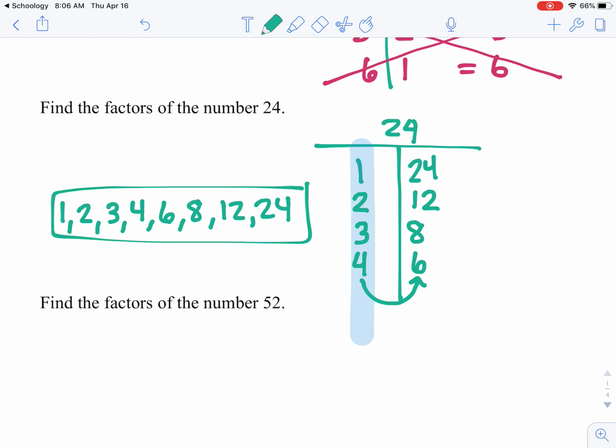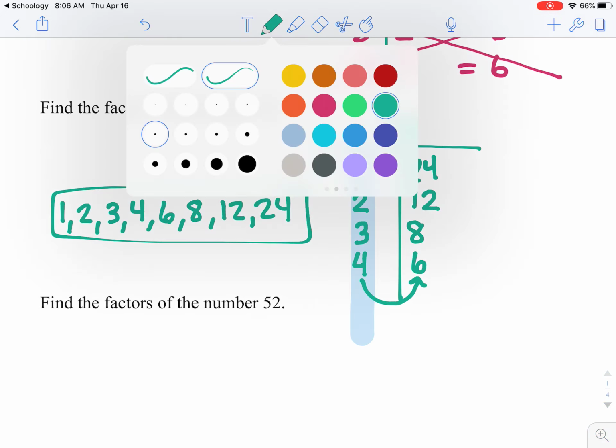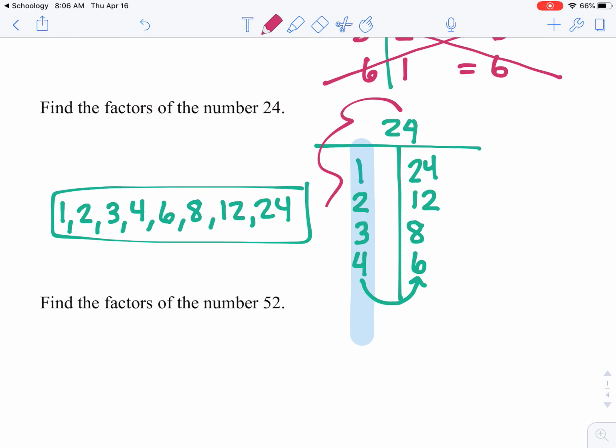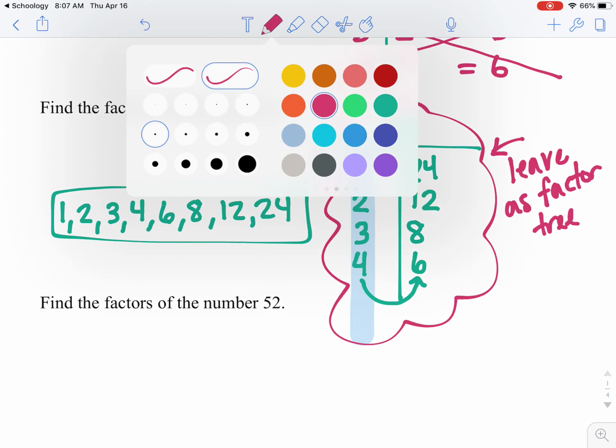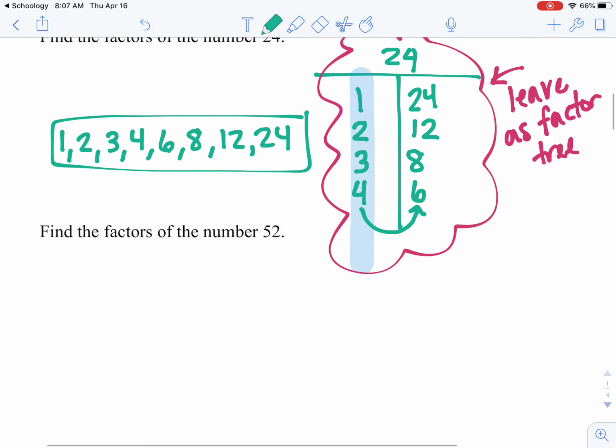Okay, you do not have to rewrite in a row like that. You can leave your factors like a factor tree, just like this, and I can grade off of this, unless you would see that it asked of you differently.